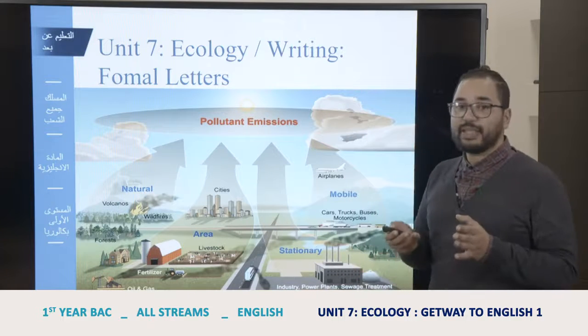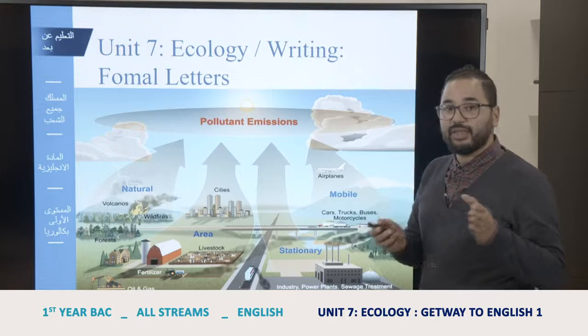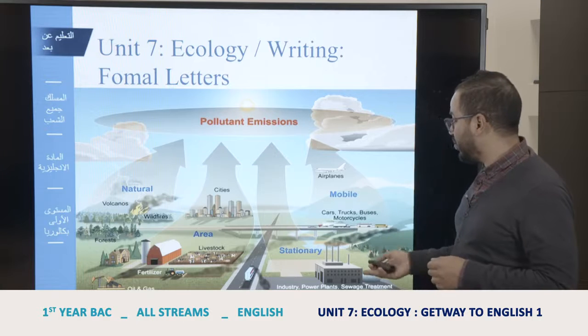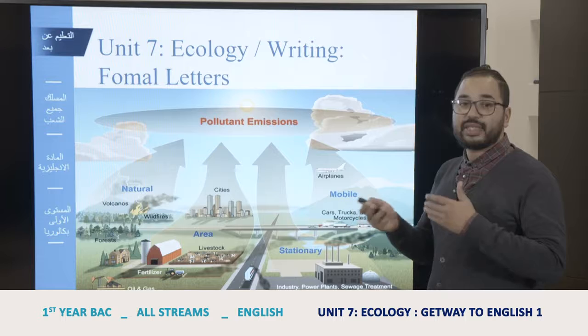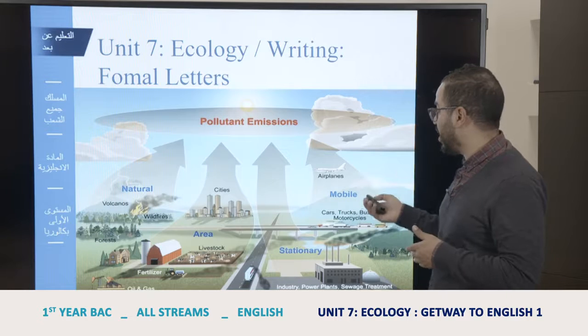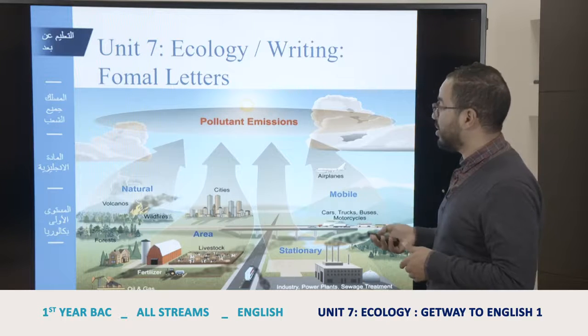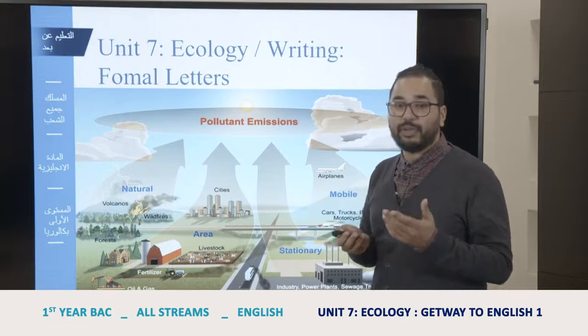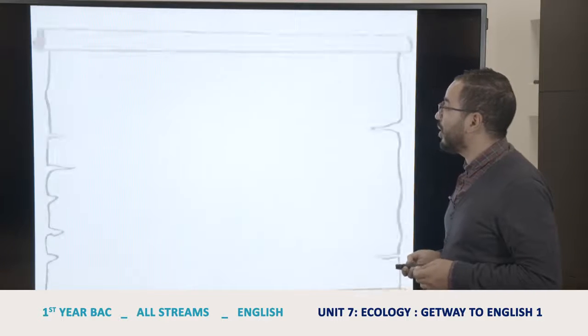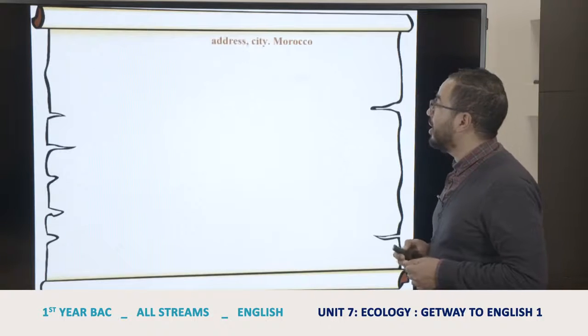Stationary, which means the places that are in one place, they don't move, like industry, power plants, sewage treatment. And mobile, which means the things that move, like cars, airplanes, trucks, buses and motorbikes. So you can think of the causes or the problems of air pollution and write a letter.